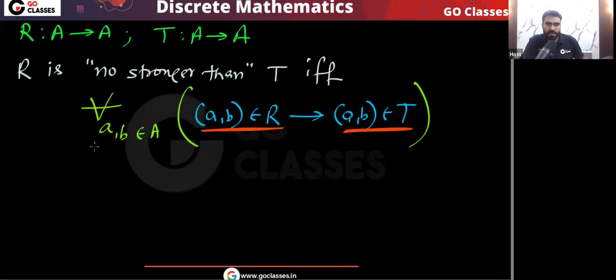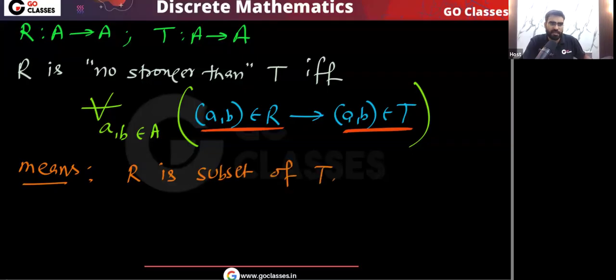Can you tell me, have you already seen this type of definition somewhere? Tell me what this actually means. We are saying that if this pair belongs to R, then this pair also belongs to T. This actually means R is a subset of T. Yes or no? This simply means R is a subset of T, because we are saying that if any ordered pair belongs to R, then that also belongs to T. Is this clear?